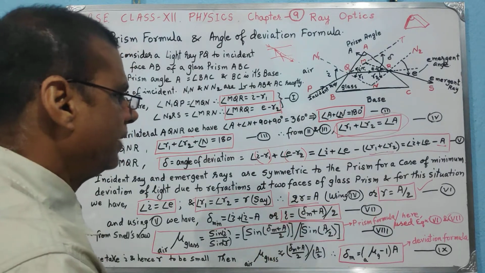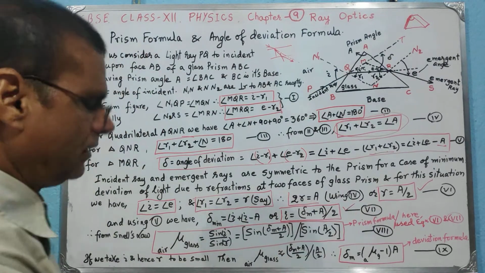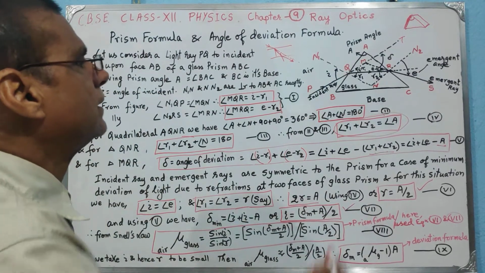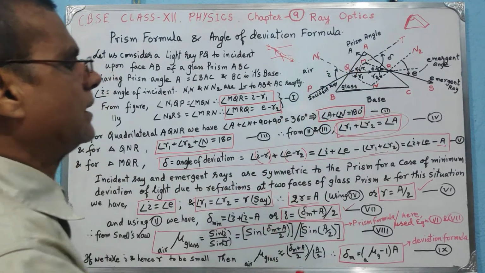So we got the value of angle of incidence, and we got the value of angle of refraction at the point when the light ray is entering the glass medium.